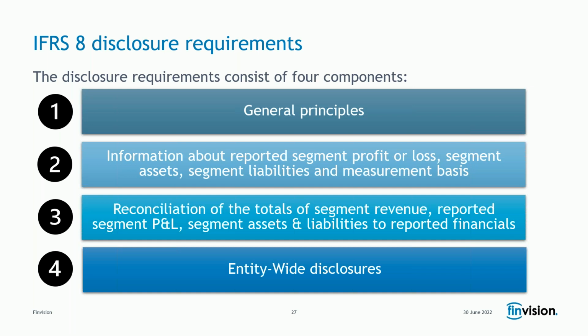Thirdly, because we can have a different measurement basis, we need to always reconcile to the totals of segment revenue, the segment P&L, which will be your segment P&L, not necessarily net profit, but it can be, for example, operating profit or loss or EBITDA or even another level, and segment assets and liabilities, to the primary tables in your financial statements.